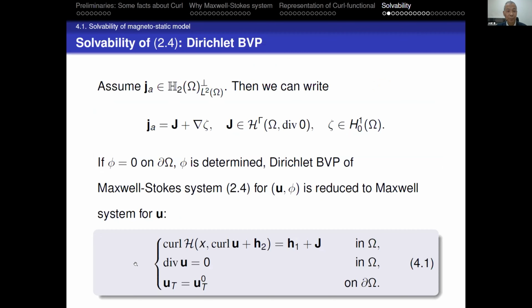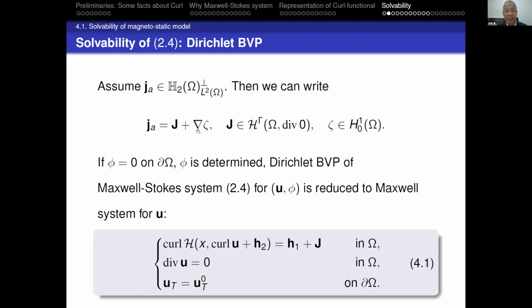If the right side J is given, and if it is independent of U, and if it is orthogonal to H2, and remember H2 is the set of all Dirichlet fields, then we can write J as belonging to the image of Q plus gradient theta.